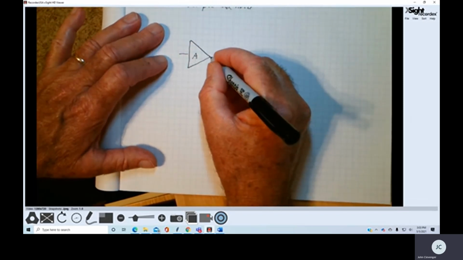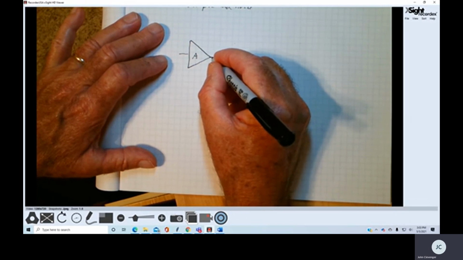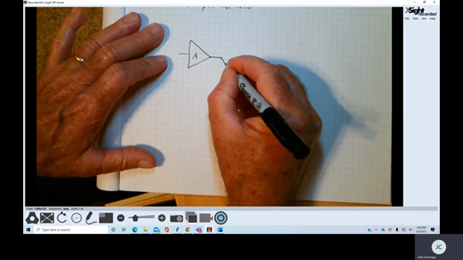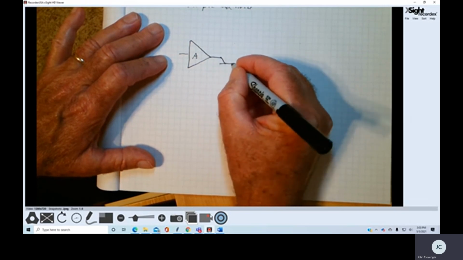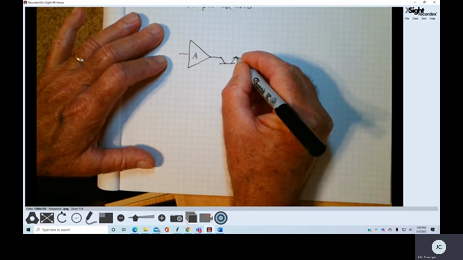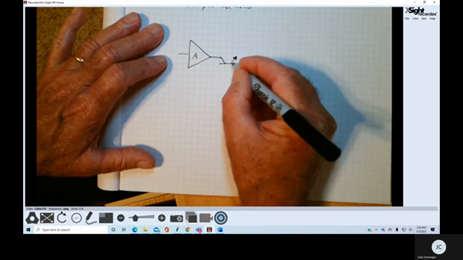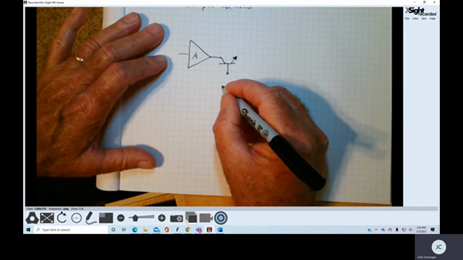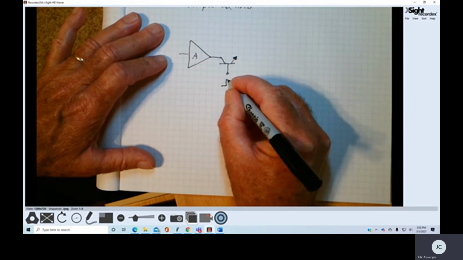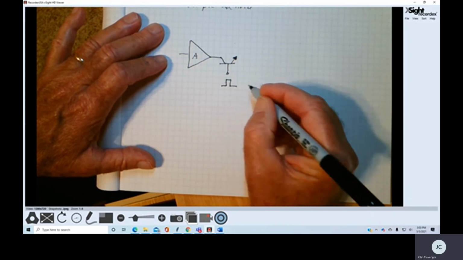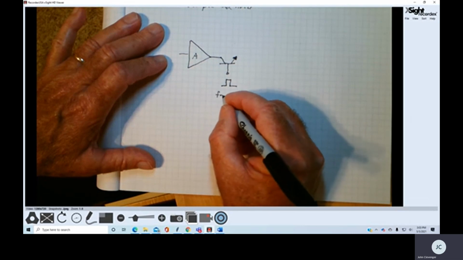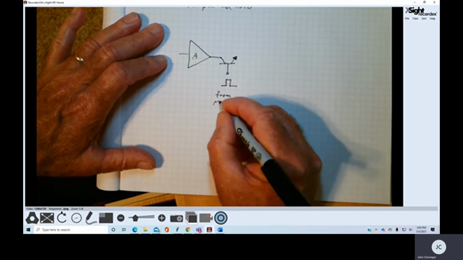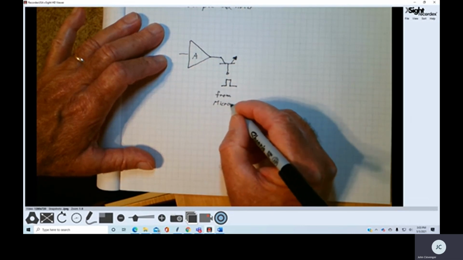And then the sample and hold circuit would consist of, first and foremost, a transistor. And this is my input point to the transistor where I'm going to send the information, which will simply be a pulse. And this, of course, is from the microprocessor.